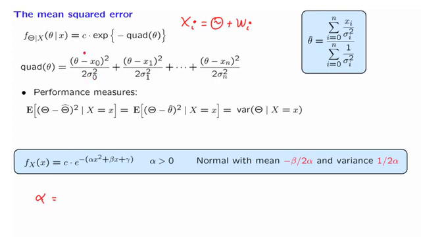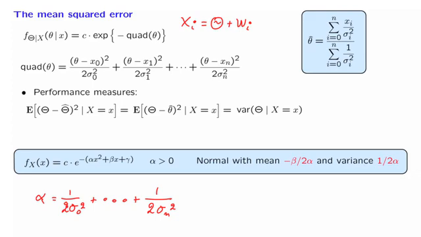From this we obtain a contribution of 1 over 2 sigma 0 squared, and similarly from here we're going to obtain a coefficient next to theta squared of 1 over 2 sigma 1 squared. We continue the same way, and finally from the last term we obtain a contribution of this kind.